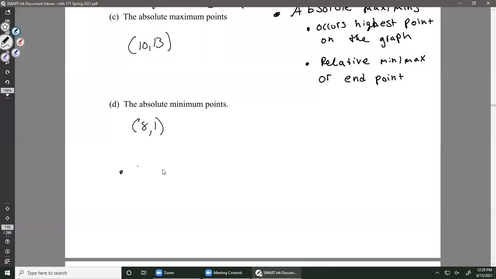So first I want to say that 8, 1 is both an absolute min and relative min. And how the homework is worded makes me cringe a little bit, but I'm not going to be this picky on the test.